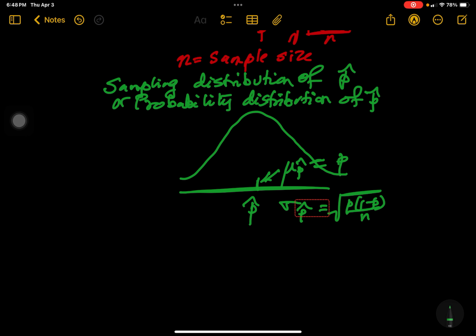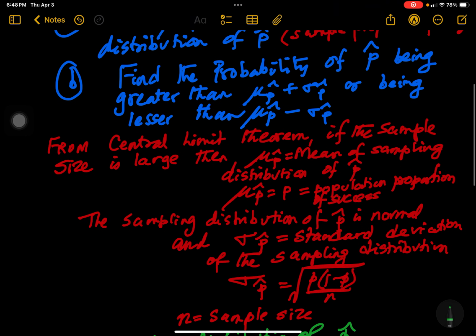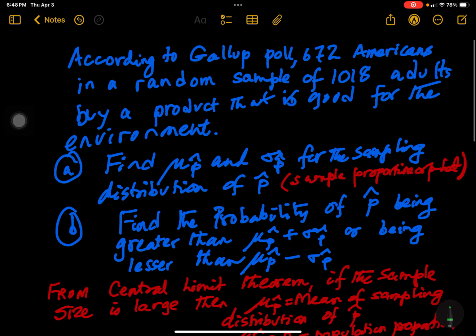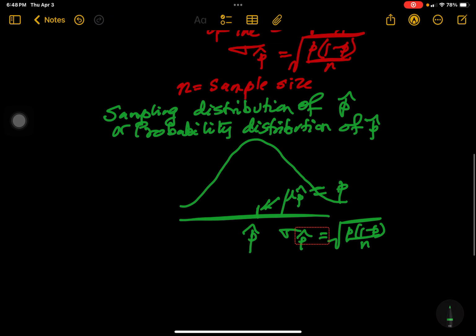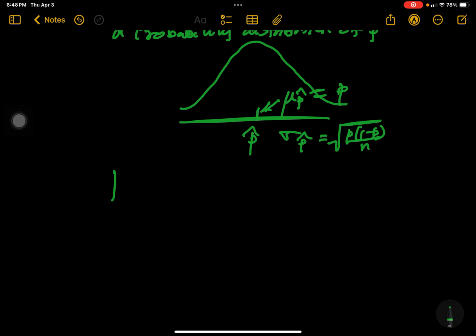Now, they have given us some figures to get the sample proportion. So p hat is given by x over n, where x is the number of successes divided by the sample size.